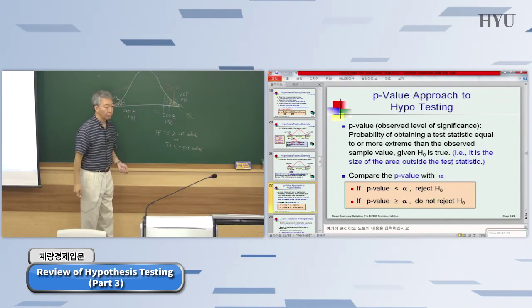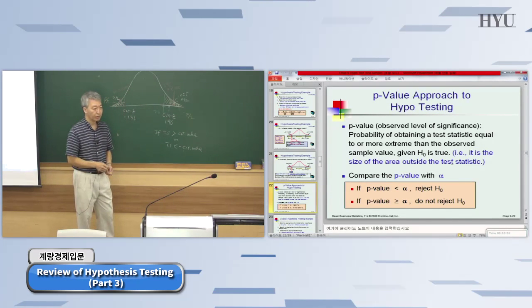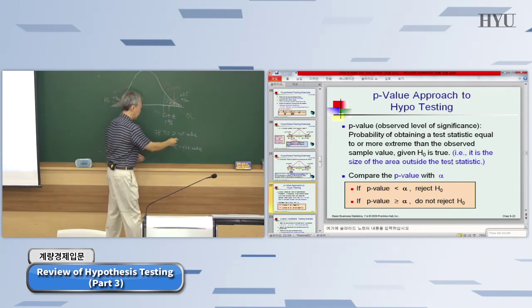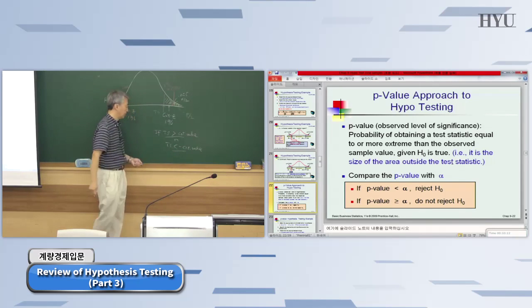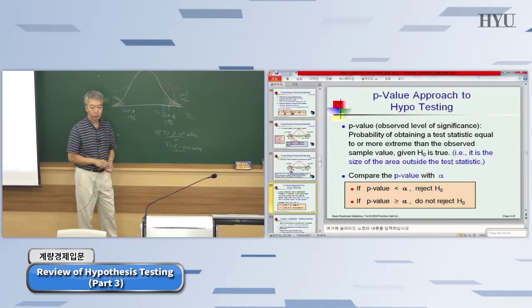Then what is your conclusion? What should be your conclusion? You're running the two-tailed test and you found either this one or this one. Then your conclusion should be reject the null hypothesis, right?